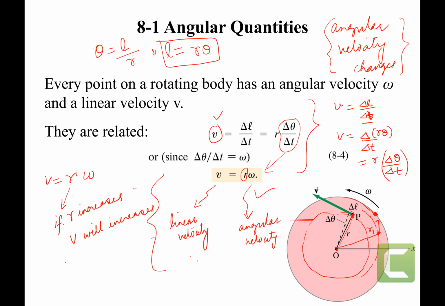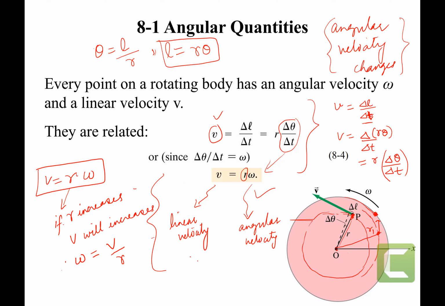But what about omega? Can I rewrite omega in this form? So omega can also be found from this equation if I divide both sides by R. So that will be V over R. This is an interesting relationship.